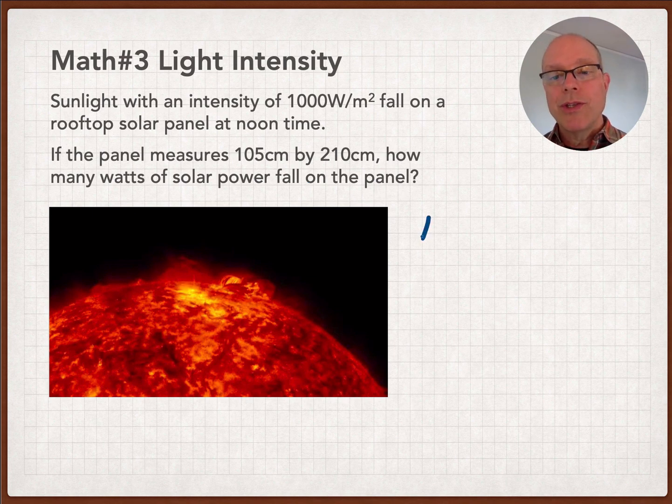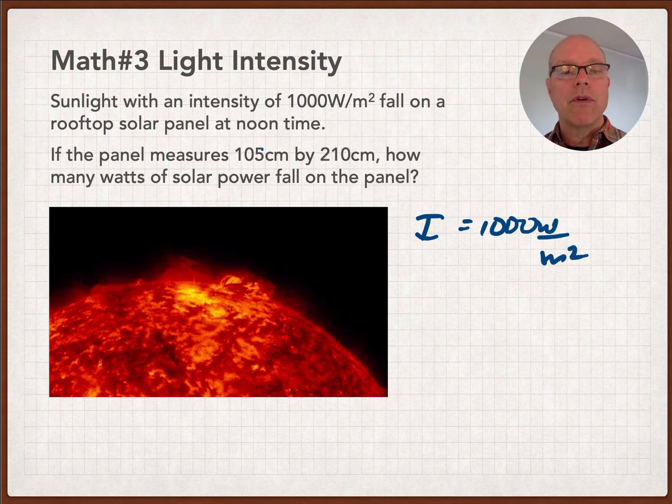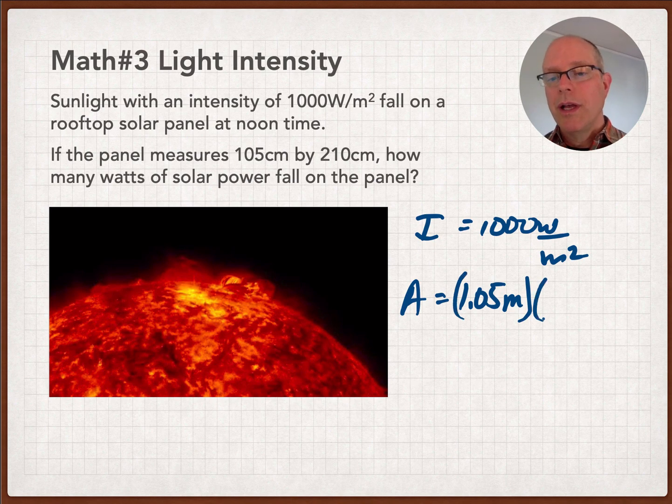So I know that the intensity is 1,000 watts per meter squared, and I'm going to convert each of these into meters to figure out area. Area is going to be 1.05 meters, so as always, physics is going to use meters, times 2.1 meters, and what I got out of this is 2.205 meters squared.